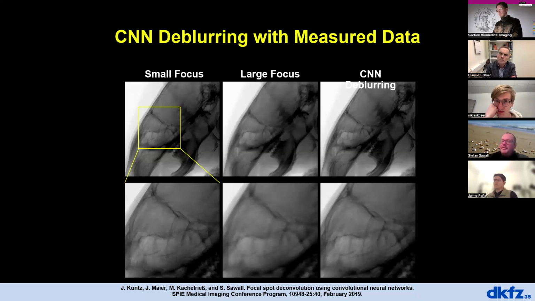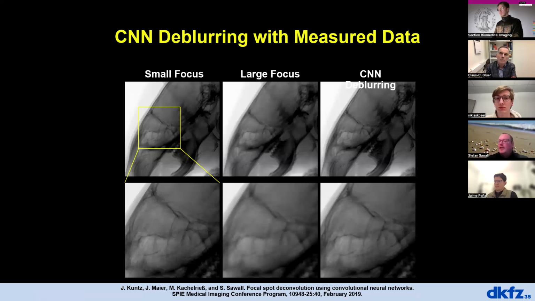Well, in this case, we measured our objects twice. We measured with a small focal spot and we measured with a large focal spot. So we did not blur the small focal spot to obtain the large one. That would not be very fair because you always have to account for variables you do not see. If you measure something, a lot of information is contained in there.